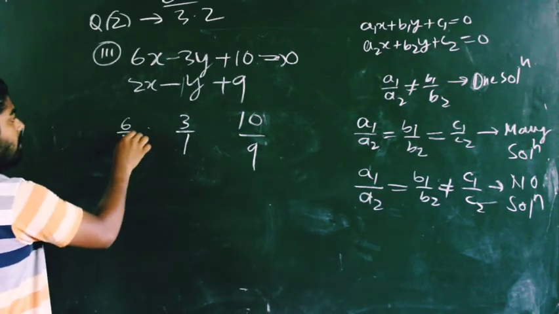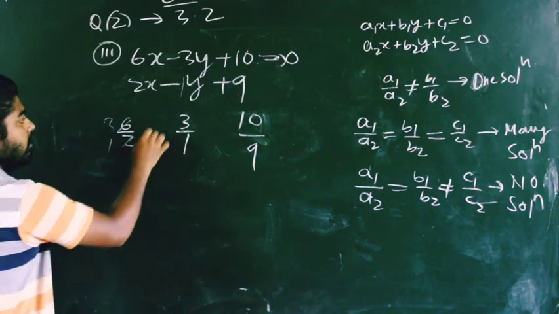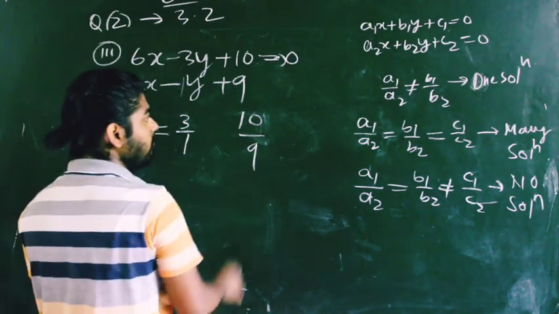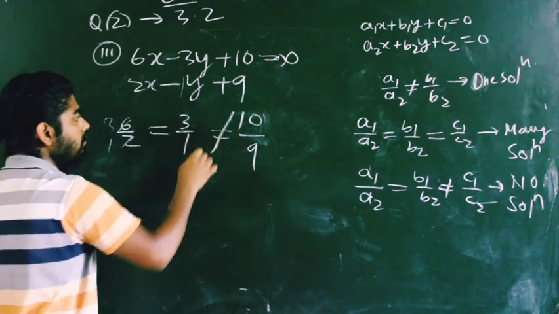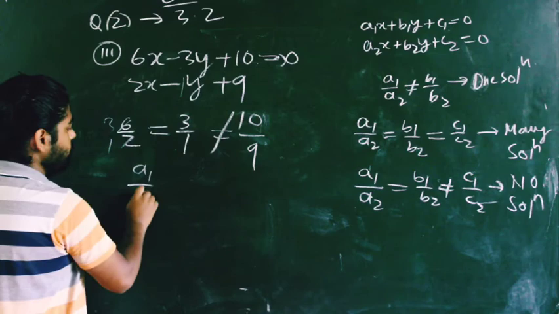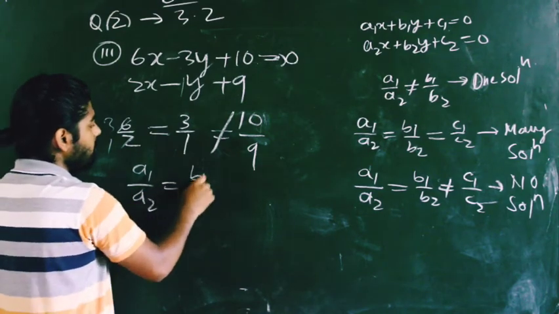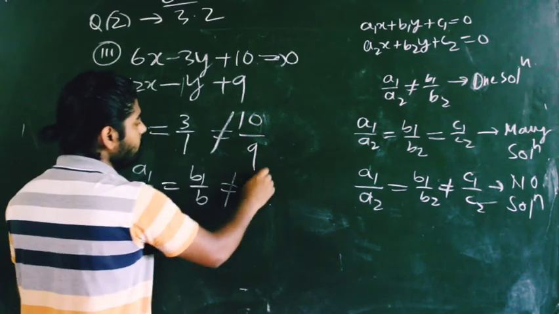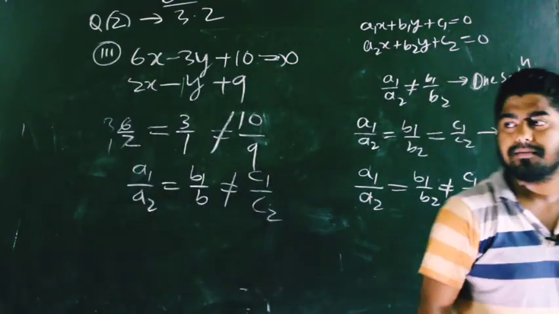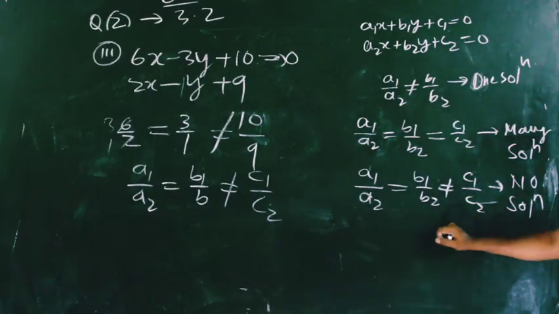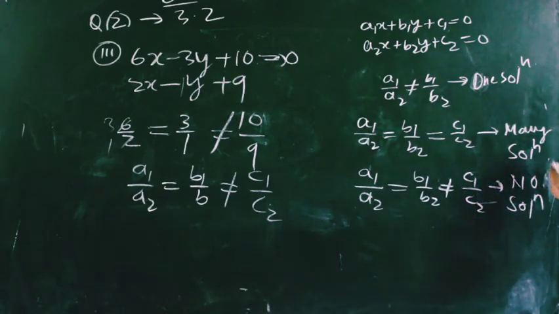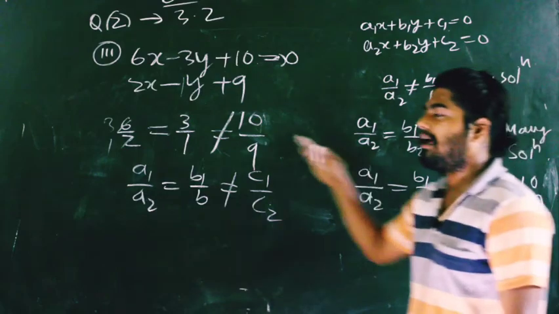So 3 by 1 is equal to 3 by 1, correct, but which is not equal to 10 by 9. So I can say from this equation a1 by a2 is equal to b1 by b2, which is not equal to c1 by c2, and we know for this last condition we have no solution. So whatsoever you do, you will have no solution.